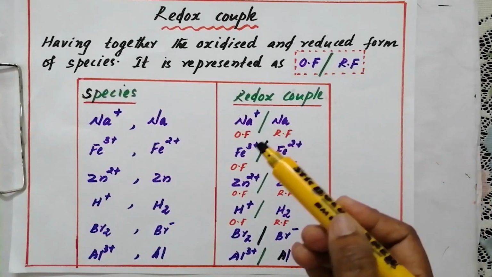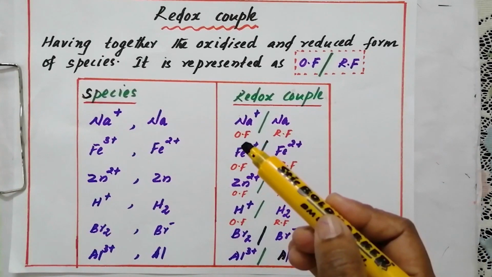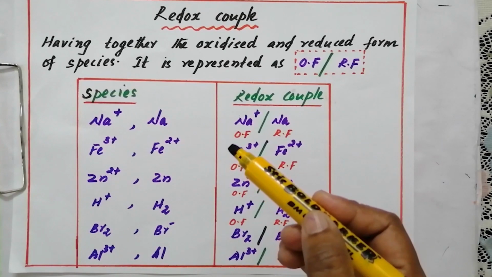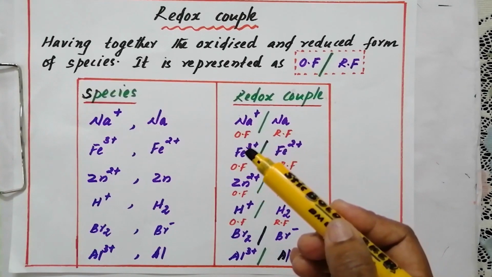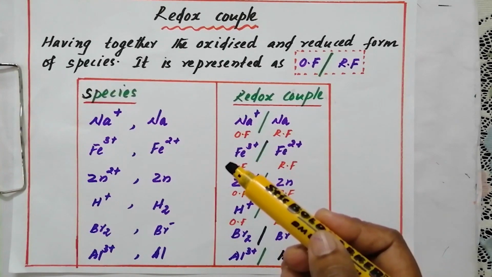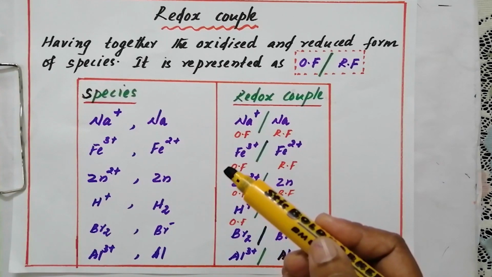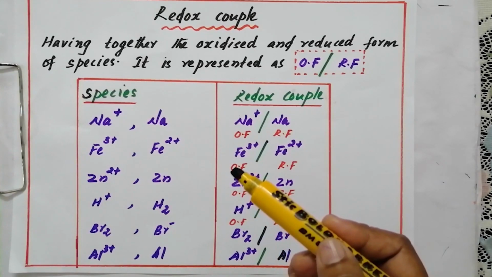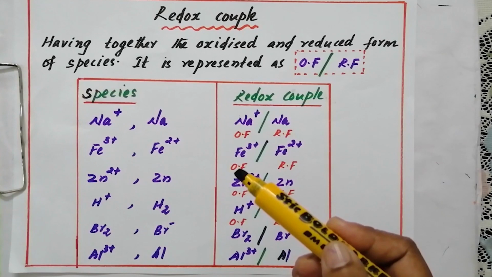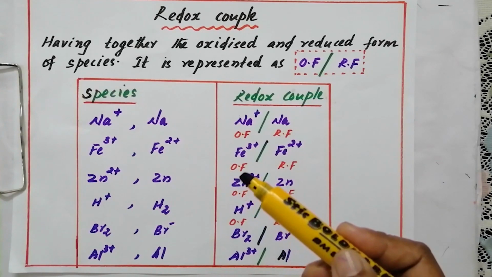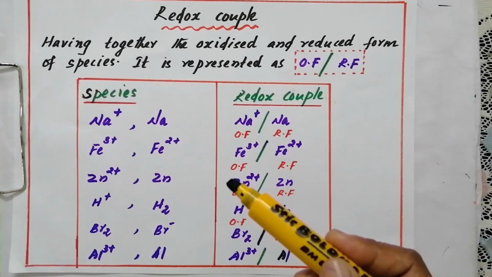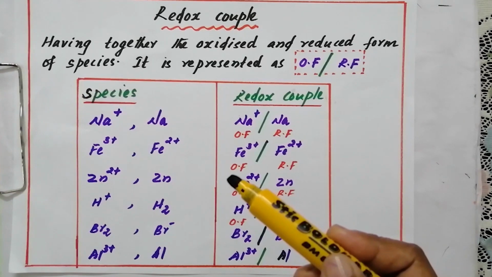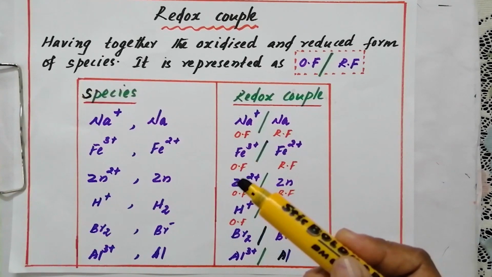For example, copper dipped in copper sulfate solution. Copper electrode dipped in copper sulfate solution. Copper is the reduced form, and in copper sulfate there is copper ion, Cu2 plus ion, that is the oxidized form. So they are present together. So this redox couple is represented as Cu2 plus / Cu.